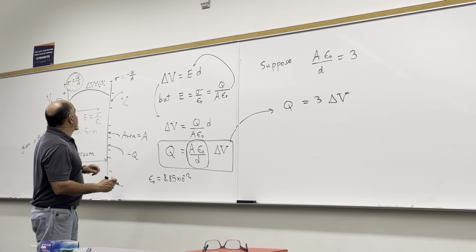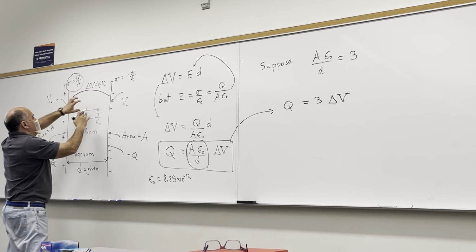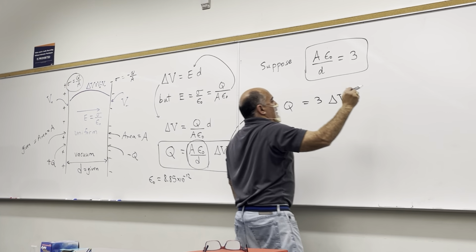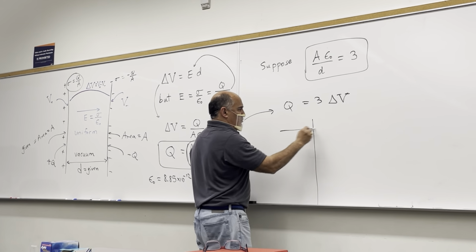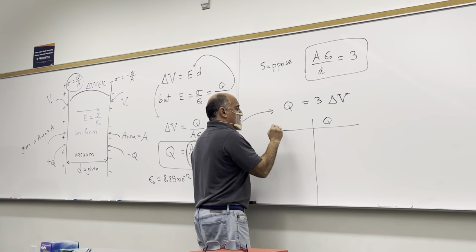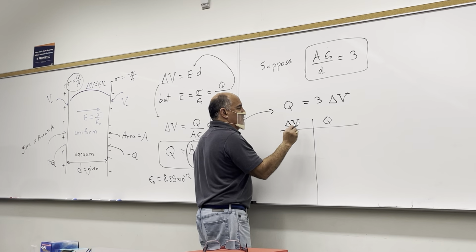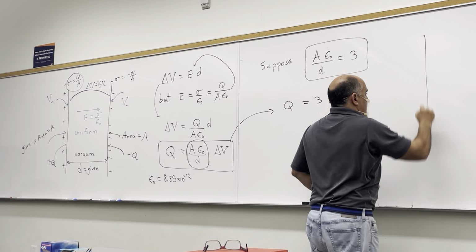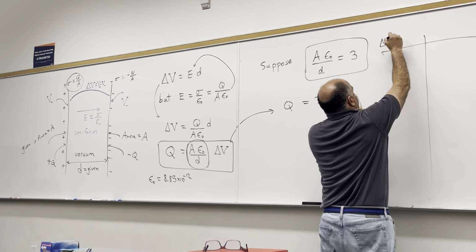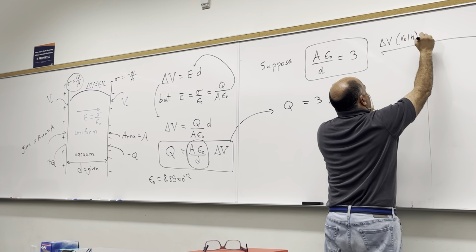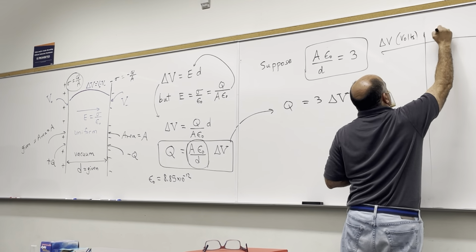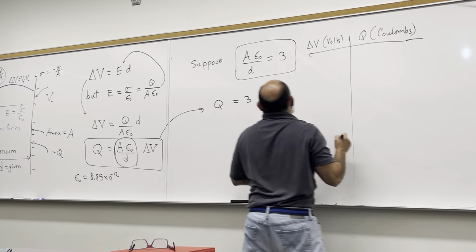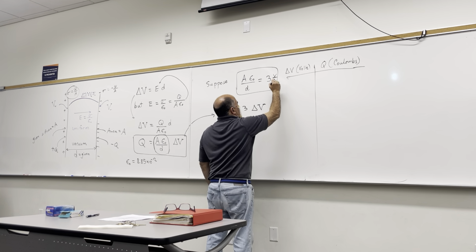For these two conductors separated by this insulating material, if I ask you what will be the magnitude of the charge on either plate if I tell you what the potential difference is between the plates, this is in volts, and the charge in coulombs. And this is 3, and this will be volts per coulomb.